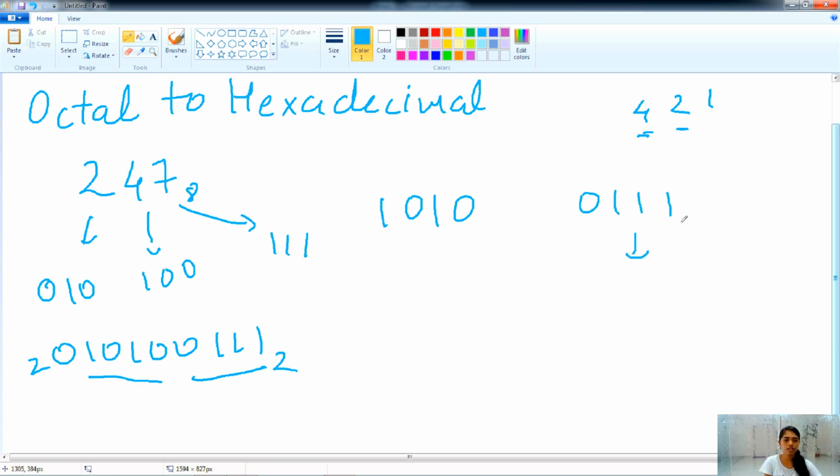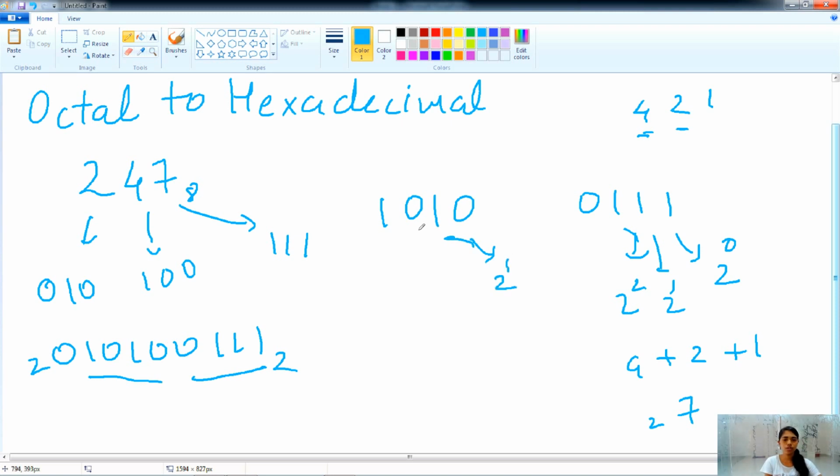Now we have to find the value of each. 2 raised to 0, 2 raised to 1, 2 raised to 2 for this one. 2 raised to 0 gives us 1, plus 2 raised to 1, that is 2, plus 4. So 4 plus 2 is 6, plus 1 is 7.